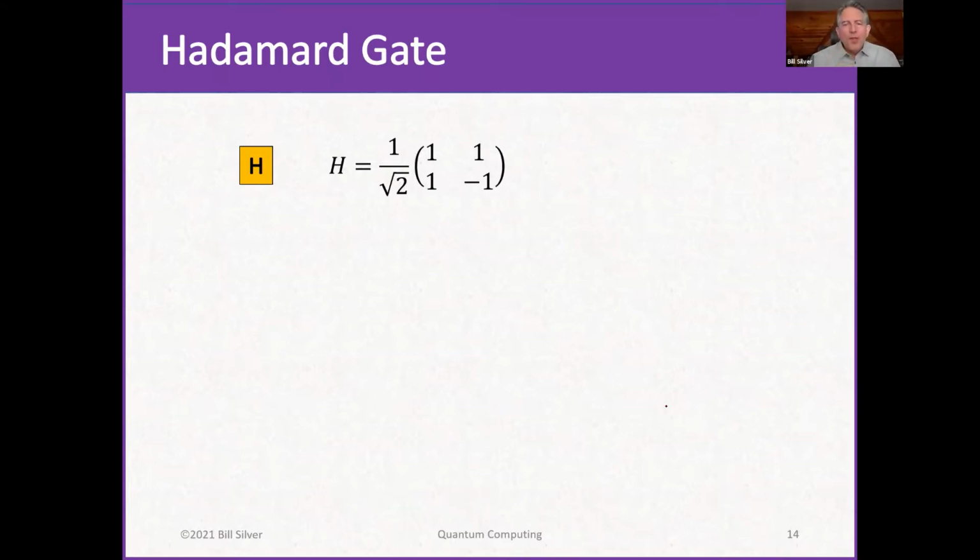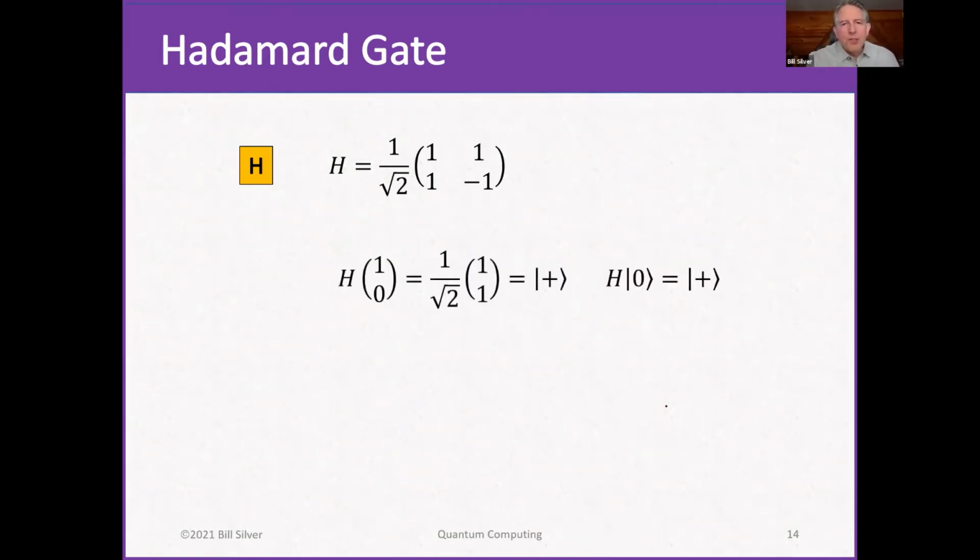What's nice about this gate is it takes the zero state and turns it into an equal superposition of 0 and 1. So whenever you need to create an equal superposition of 0 and 1, you can start off with the 0 basis vector and apply the Hadamard gate.